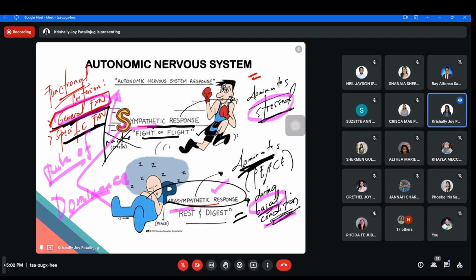Now, I've said earlier na ang sympathetic and parasympathetic, meron silang actions, responses na it sounded opposite. It sounded opposite talaga. Now, that opposing effects has something to do with the functions na antonyms with each other.